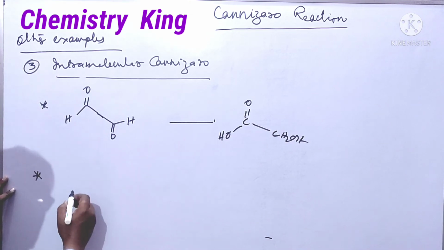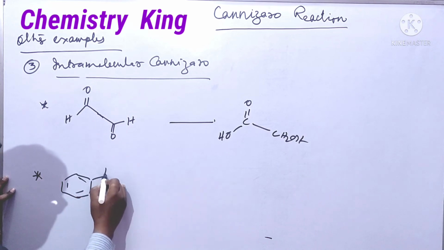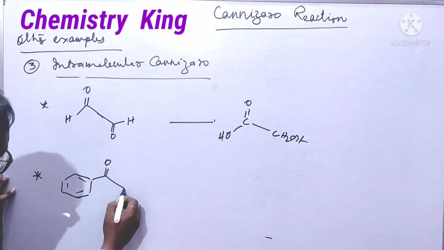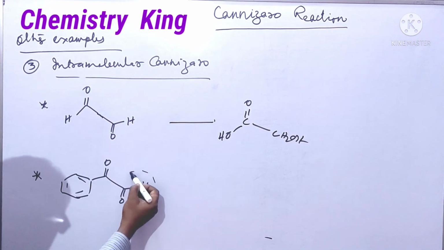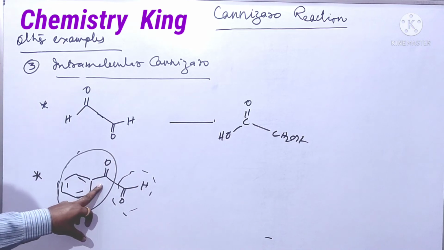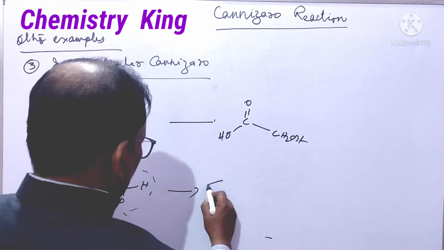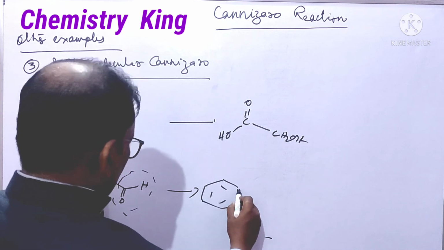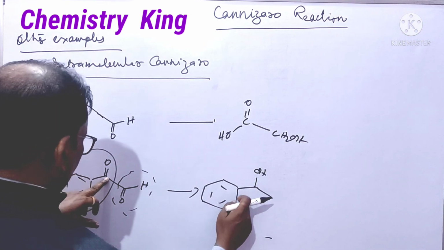And one another example, it is phenyl C double bond O. It is smaller unit and it is bigger unit. So bigger unit will be reduced. So alcohol group will be here on this carbon, OH. 1H will be here, okay.